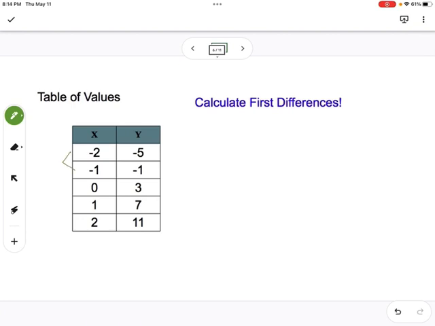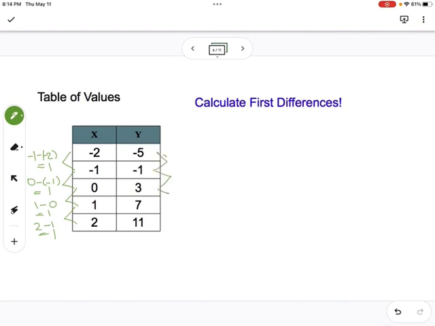Looking at the x's, those first differences: negative 1 minus negative 2 gives us 1, 0 minus negative 1 gives us 1, 1 minus 0 is 1, and 2 minus 1 gives us 1.